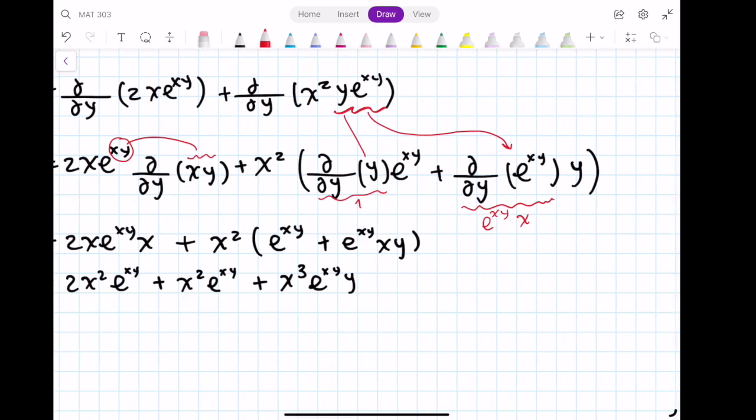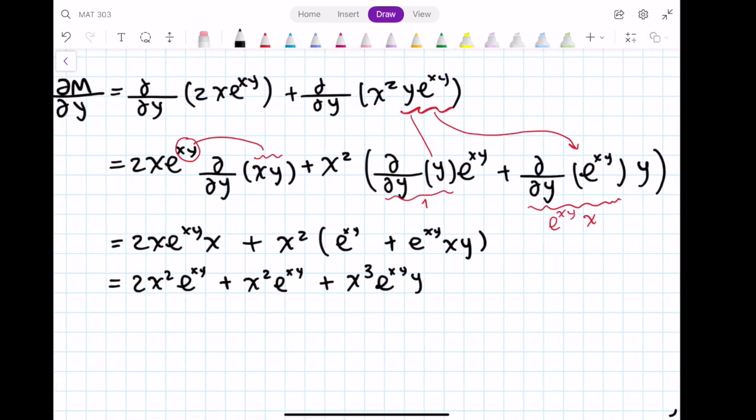If you're not sure how I did this bar, I just distributed, right? So x squared with this, and then x squared with this bar. Sorry, I erased something. xy.